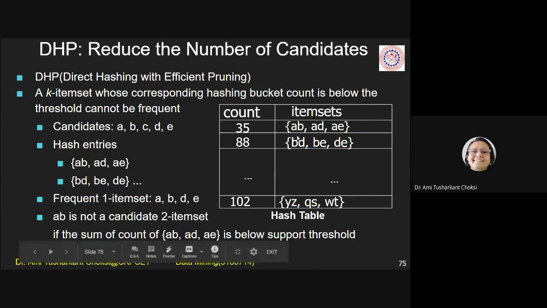Then we can say AB cannot be a frequent item set. Okay, so that is the way we are doing pruning. Fine.